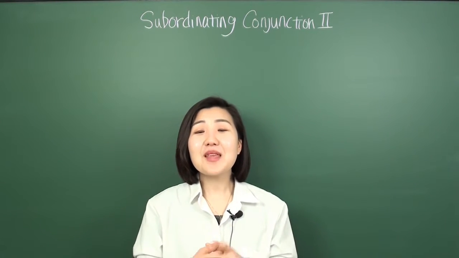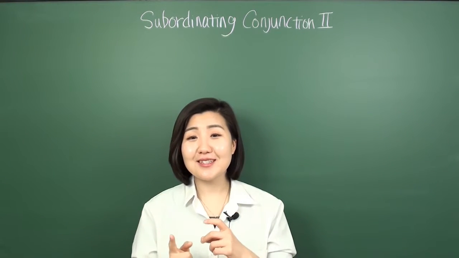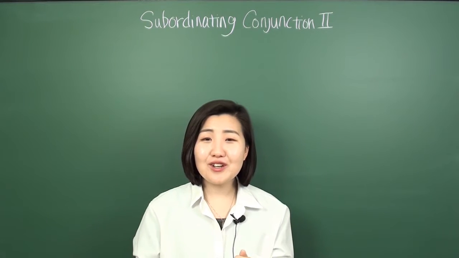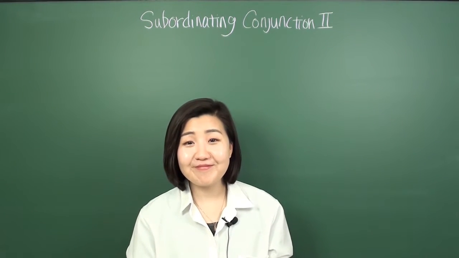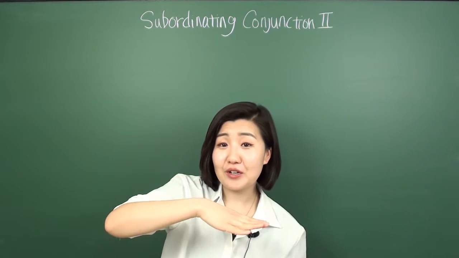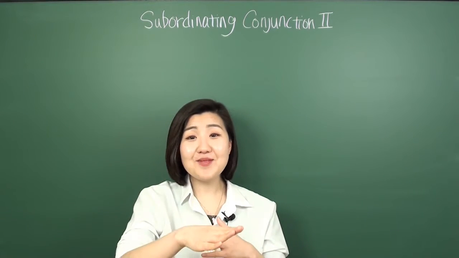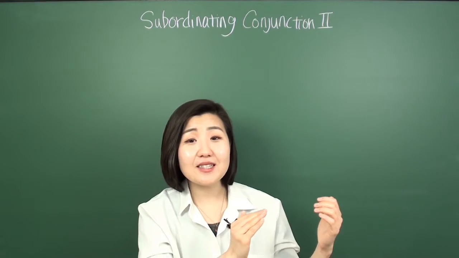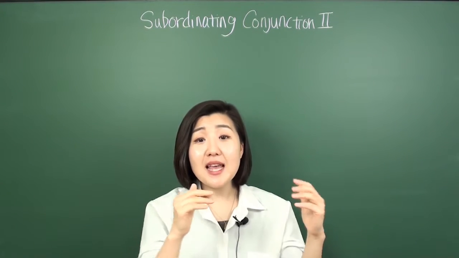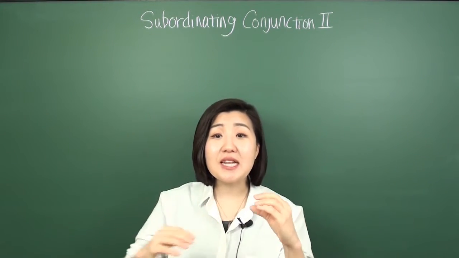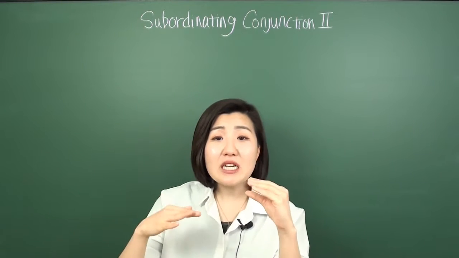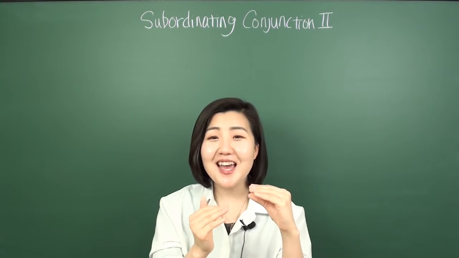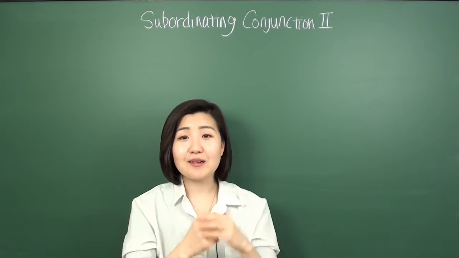Okay? So, subordinating conjunction. What was the subordinating conjunction? Sub means under, right? Do you all remember? Under. So that means there's a main clause, an independent clause, and this conjunction connects a subordinate clause, a dependent clause, right?